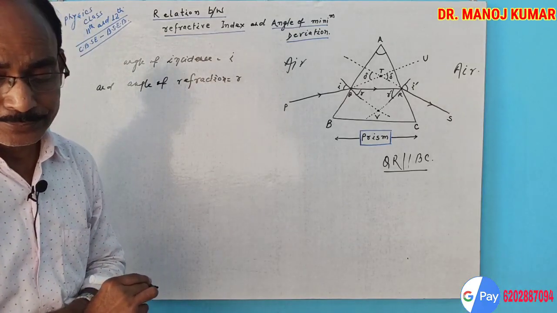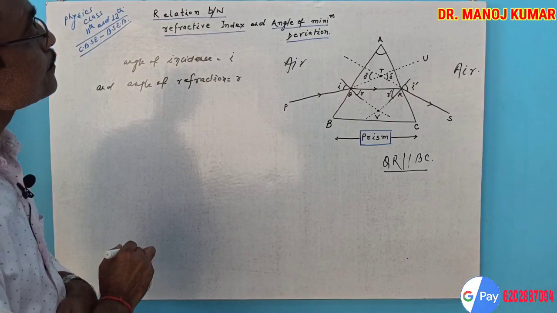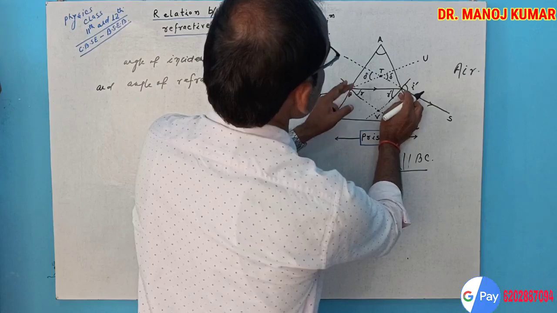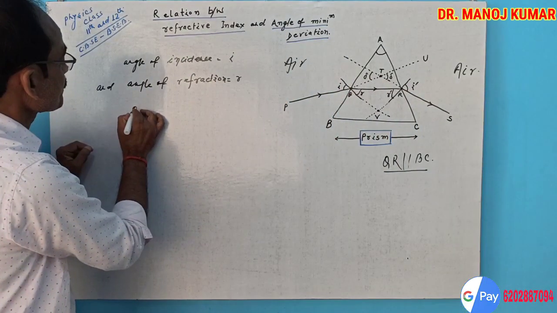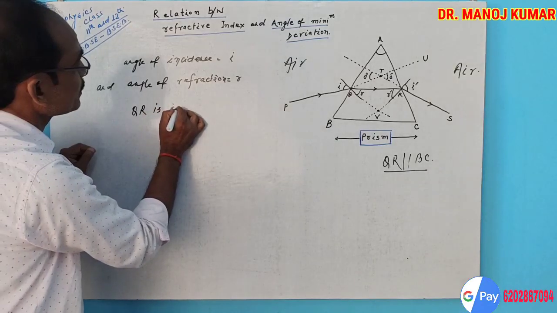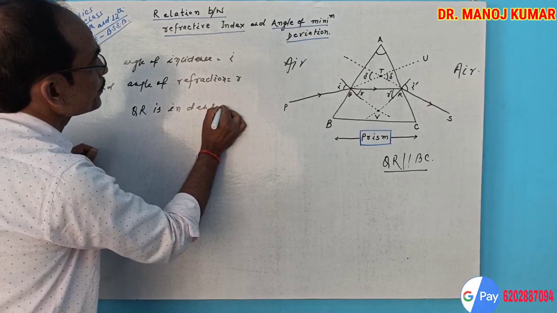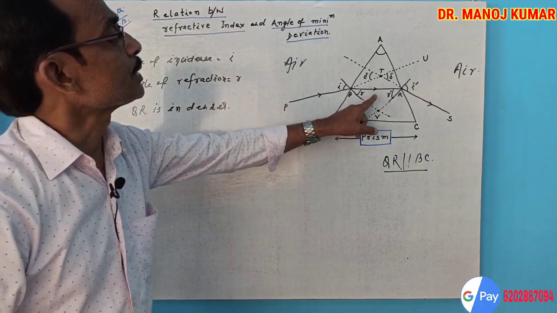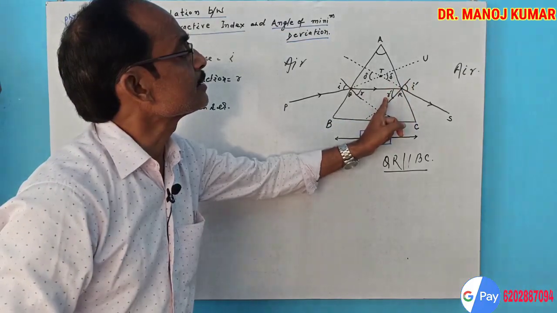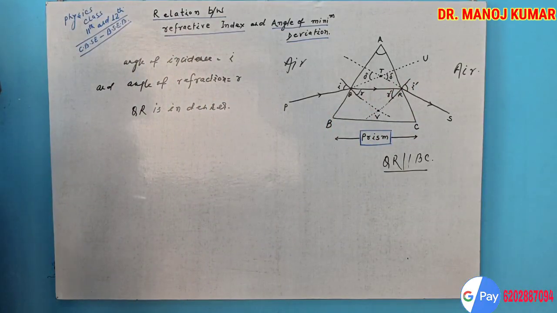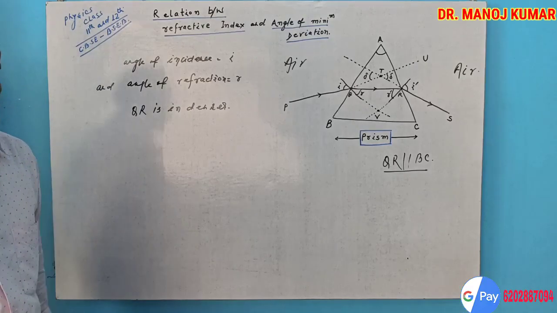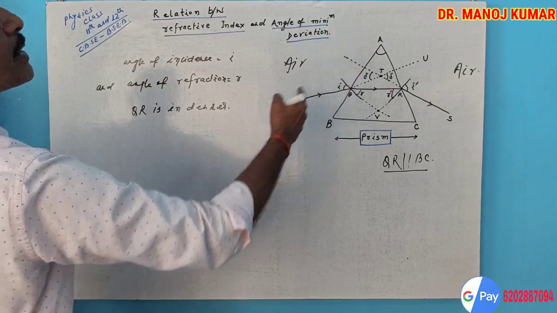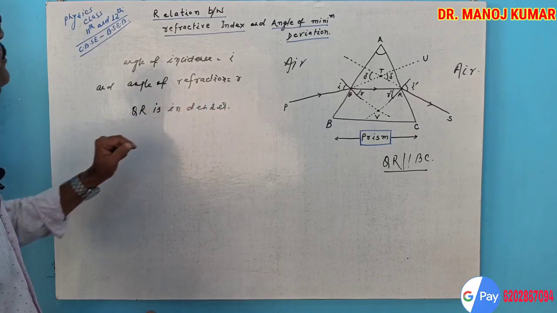So here QR is in the denser medium. So the angles R dash and I dash: R dash will be the angle of incidence and I dash will be the angle of refraction.